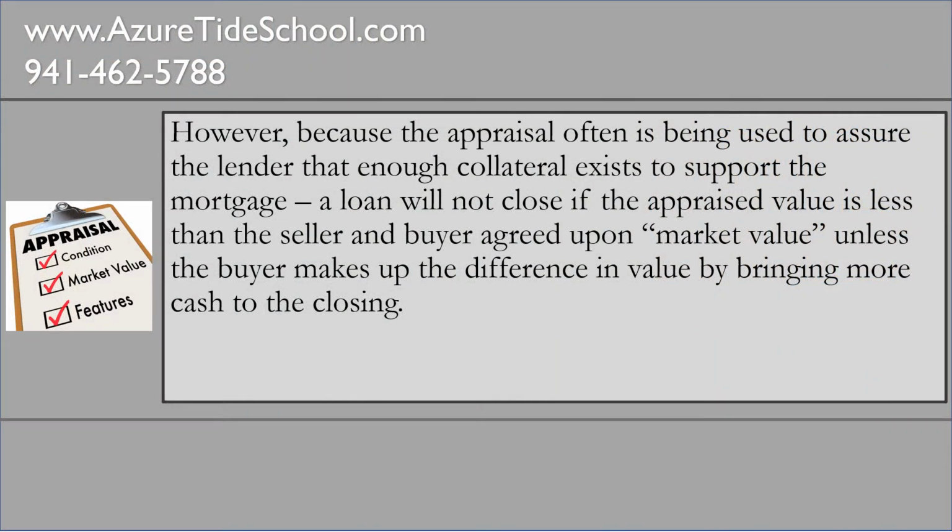However, because the appraisal often is being used to assure the lender that enough collateral exists to support the mortgage, a loan will not close if the appraised value is less than the seller and buyer agreed upon for market value, unless the buyer makes up the difference in value by bringing more cash to the closing.